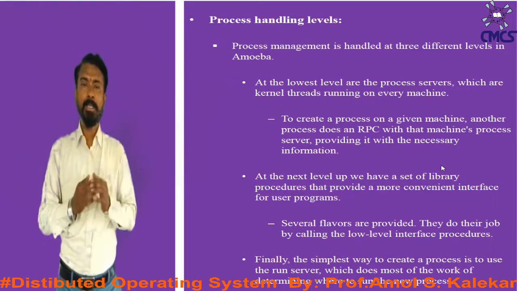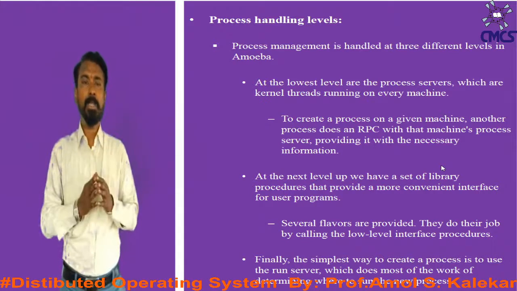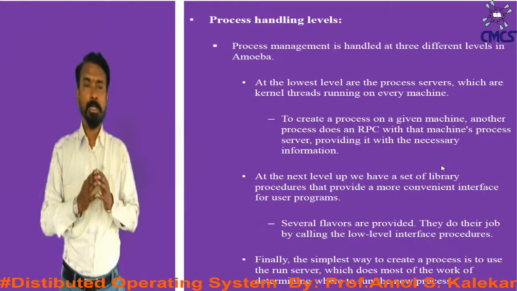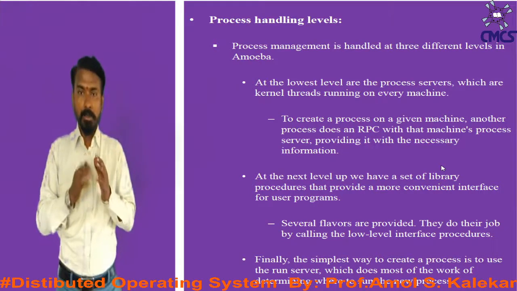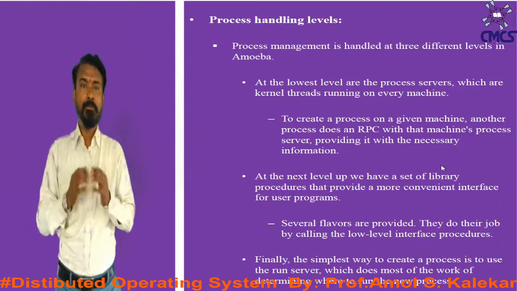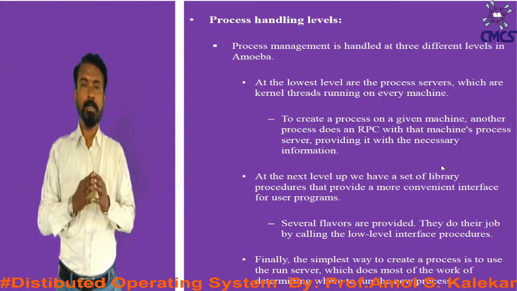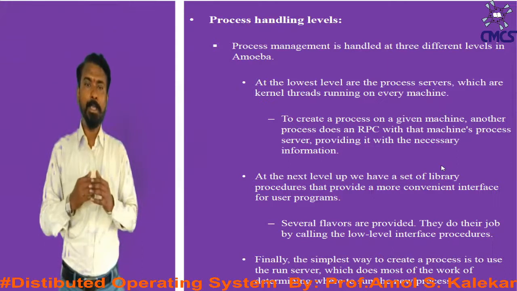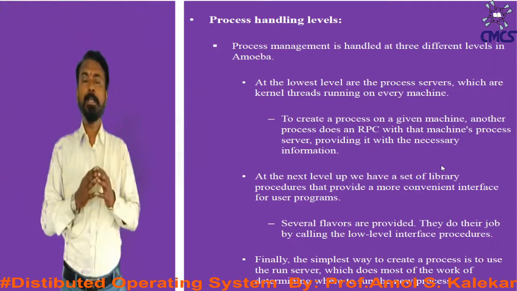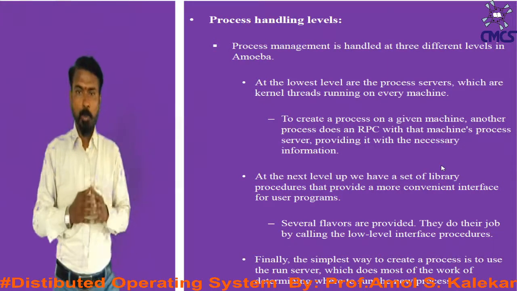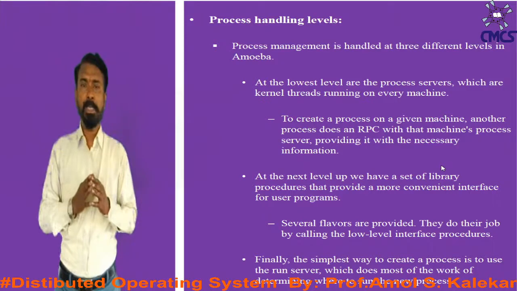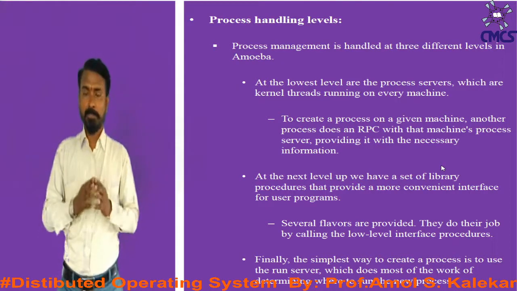And finally, the third level: the simplest way to create a process is to run a server which does most of the work by determining when to run that system process. So these are the three different levels of how processes are handled in Amoeba.